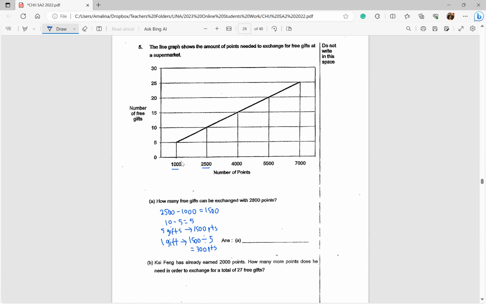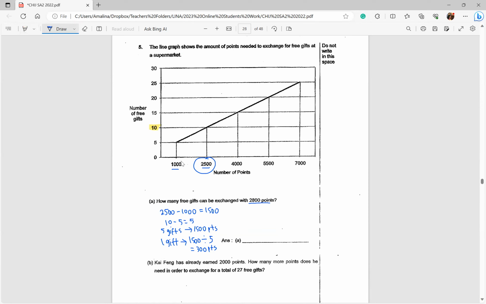Now you're looking at your 2,800 points. If I look at the numbers on my axis, I look for the one closest to 2,800, in this case 2,500 points. At 2,500 points, I can get my 10 gifts, which means you need to find your remaining points.